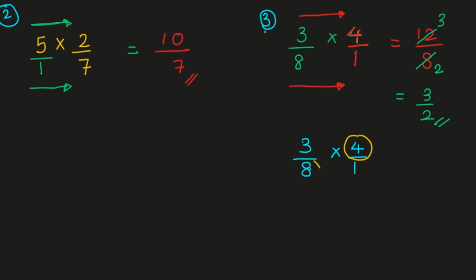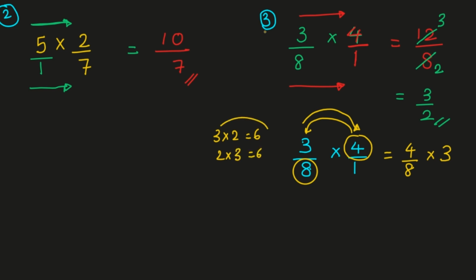This 8 is what? It's a denominator. So keep in mind, if you need, you can write this as 4 upon 8 into 3 as well. If you need, you can just put this value here and this value there. It doesn't matter because you know that 3 into 2 is 6, and 2 into 3 as well is 6. So I can interchange them.